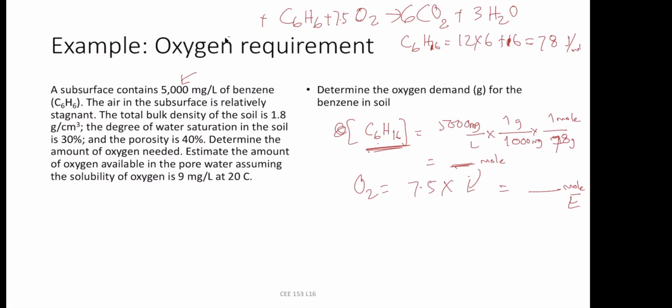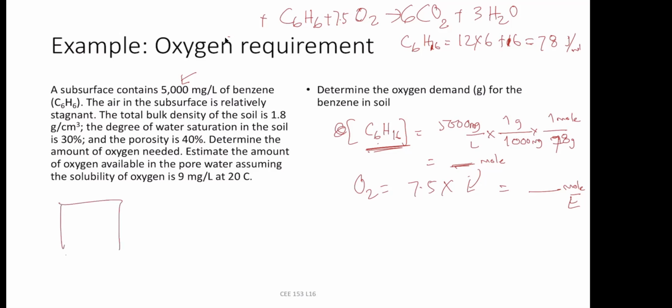So think of, did I tell the size of the soil? Okay, let's think of a 1 meter cube, because somehow it doesn't say the volume. Think of what's given.